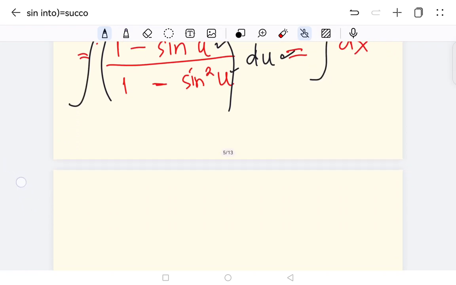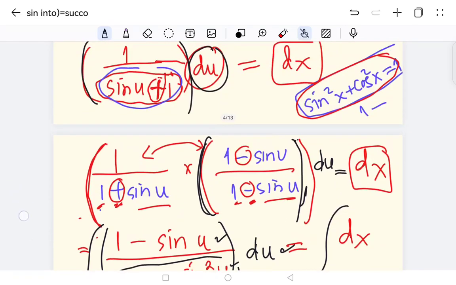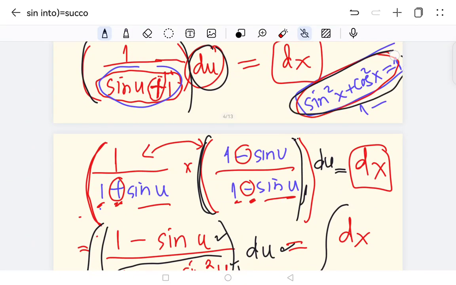Integrate. 1 minus sine u... from this you can find that it is 1 minus cos squared x, right? If you want to find this, it means 1 minus this.